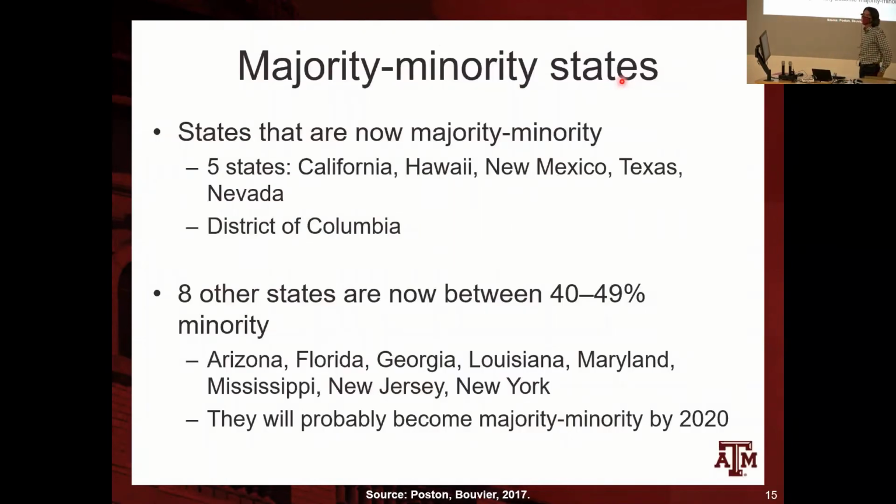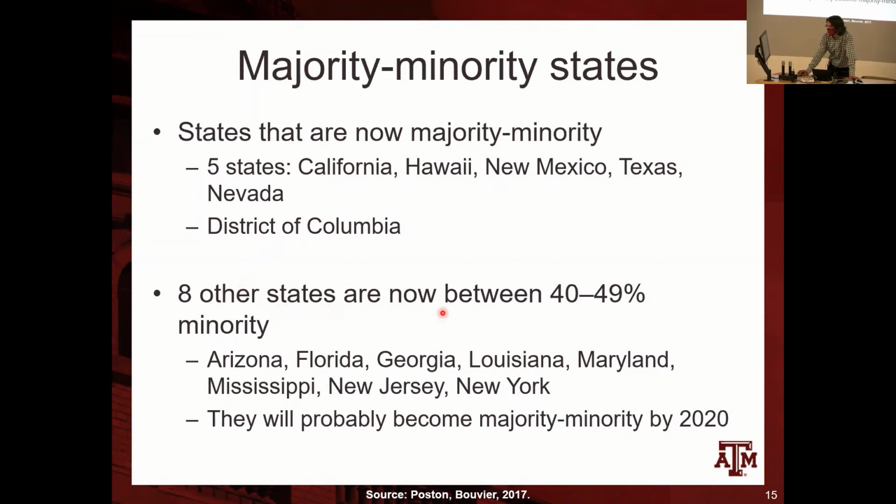Another thing is that these changes in the race and ethnicity distribution in the country happen in different ways across the states in the US. The states that are now majority minority are California, Hawaii, New Mexico, Texas, Nevada, and also DC.